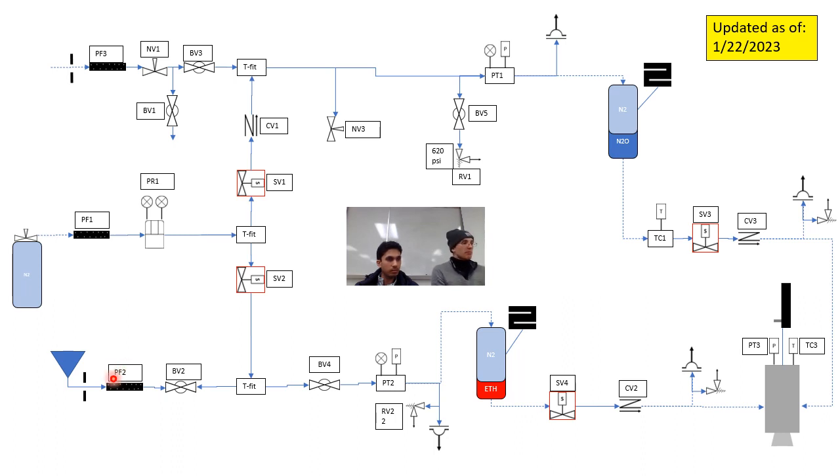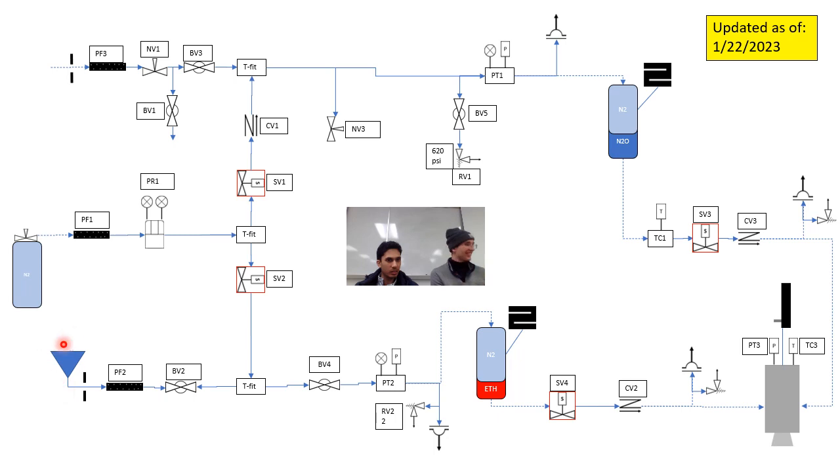So then we're opening VV2. We opened SV2 and VV4, then we open VV2, and then we pour the whole bottle into the funnel.